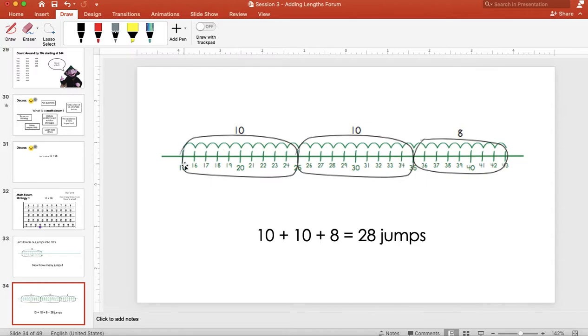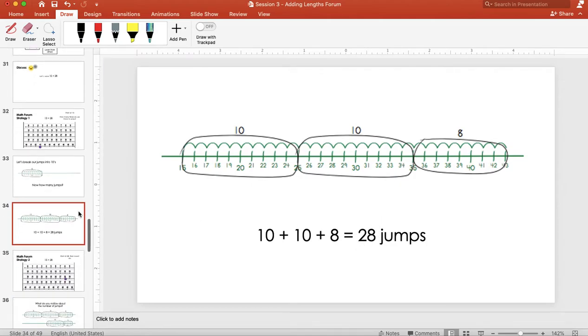Right here I started at 15, I jumped 10 to get to 25, and then I jumped 10 more to get to 35, and then I added 8, which would be 43, which we've kind of been practicing already. So that's how I can break my jumps up instead of just counting on when we have higher numbers.